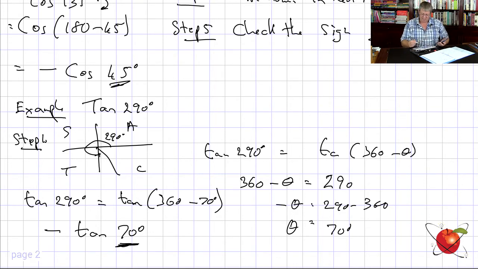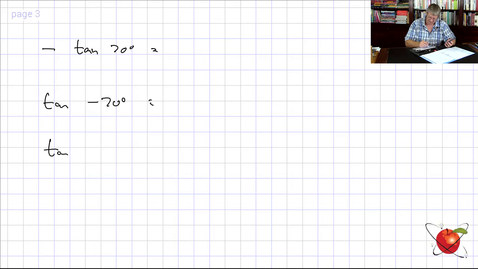Now let's have a look. Let's look it up. What is the minus tan of 70 degrees? We have here minus tan of 70 degrees. I am going to look up the tan of minus 70 degrees and the tangent of 290 degrees.